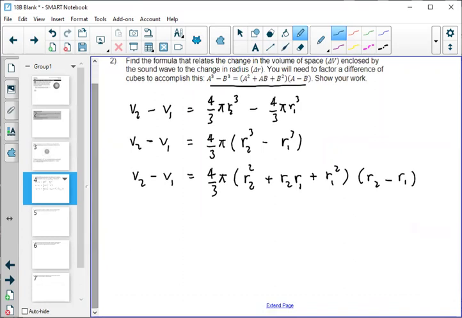And then we can change the notation from V2 minus V1 and write delta V, and that's equal to 4/3 pi times R2 squared plus R2 times R1 plus R1 squared, in the parentheses, and then the R2 minus R1, we can change that notation and use delta R.